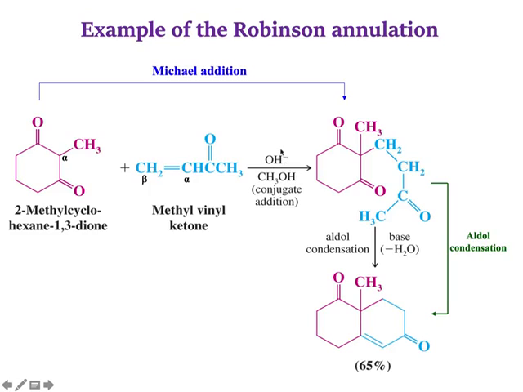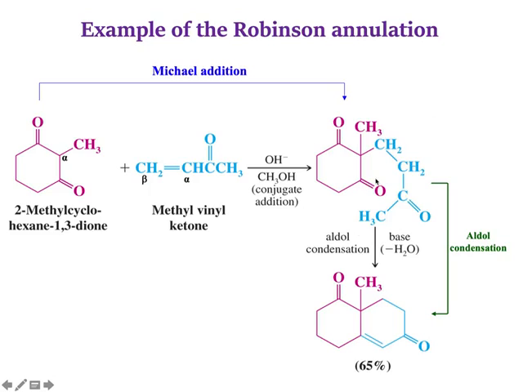Okay, this is the base, the nucleophile, which abstracts this proton from the beta carbon, so it becomes an enolate anion. So the enolate anion, C minus, will attack this one, the alpha hydrogen, so that's why you get this Aldol condensation.